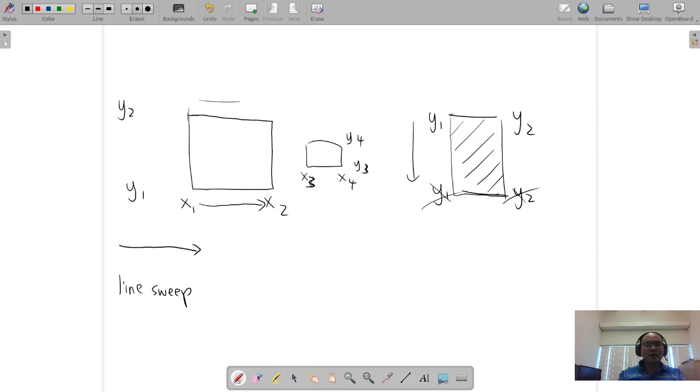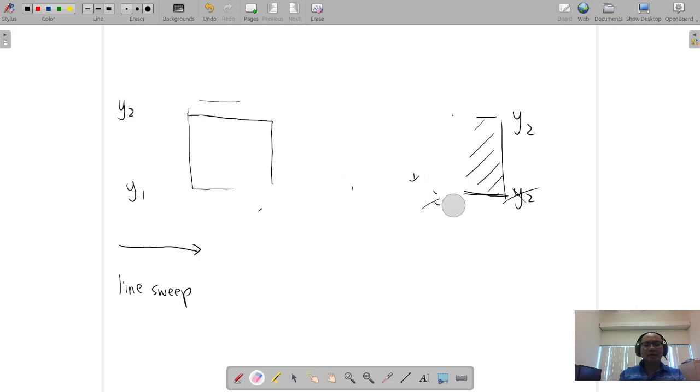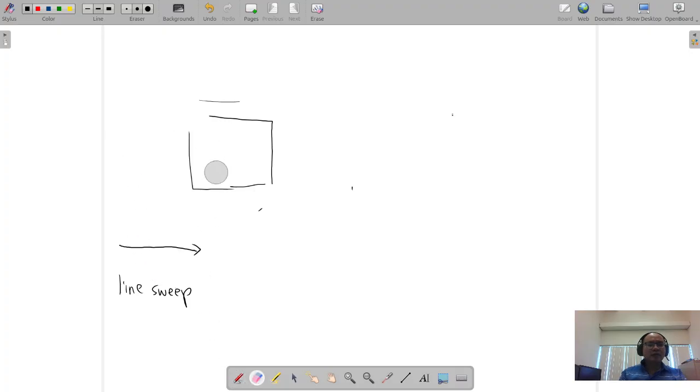Now, what else can happen? Maybe you have something like this. Okay, so I'm not going to use explicitly all these x1, x2, and so on anymore. Let's say you have two rectangles like this.